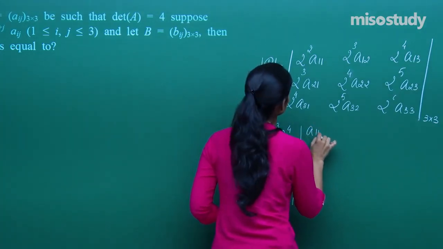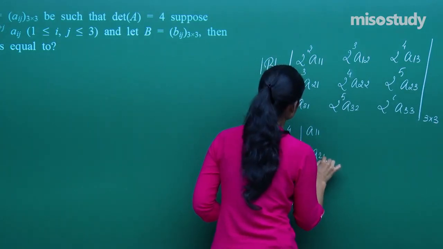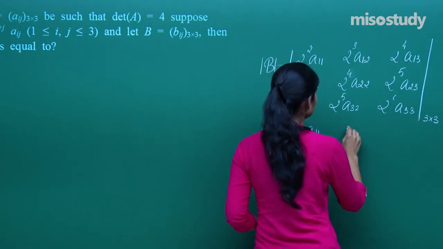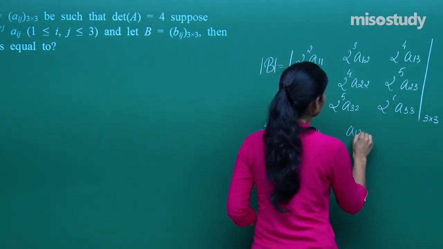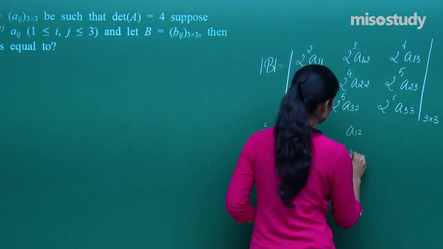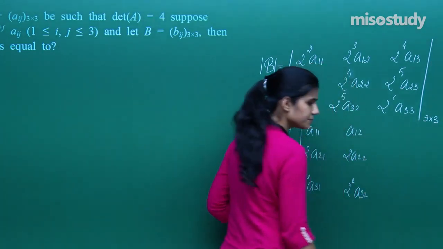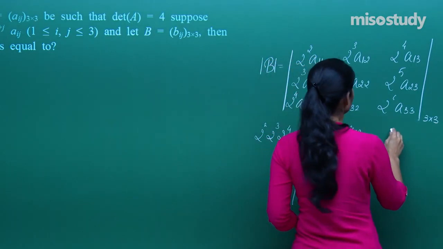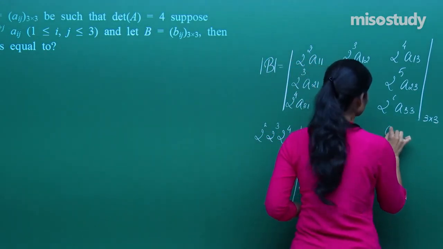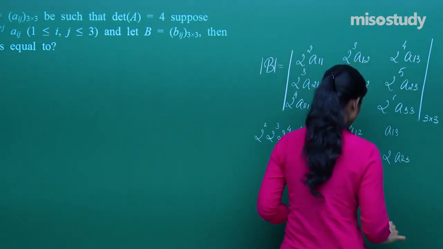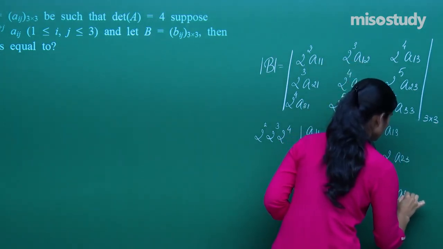You are left with a11, 2a21 and 2 square a31. Then here 2 cube was taken out common, so here you have a12, then twice of a22 and 2 square of a32. Clear? From here you took out 2 to the power 4 common, so left with a13, 2 a23 and 2 square a33.